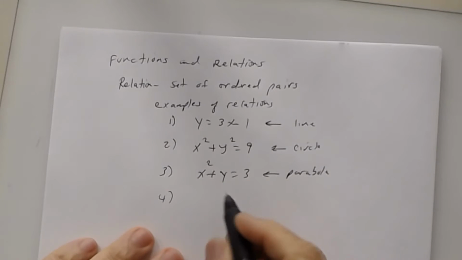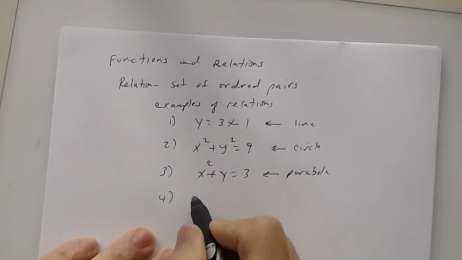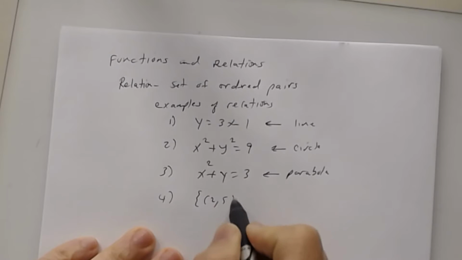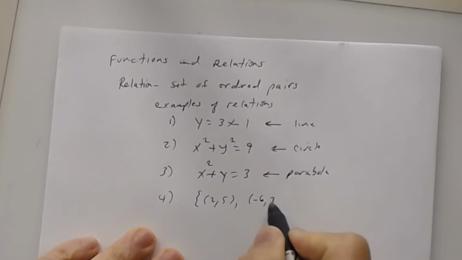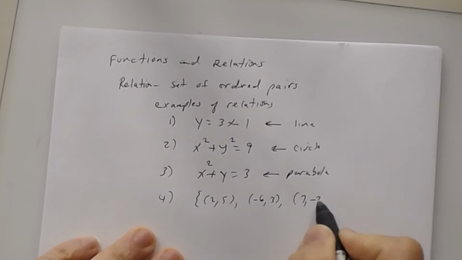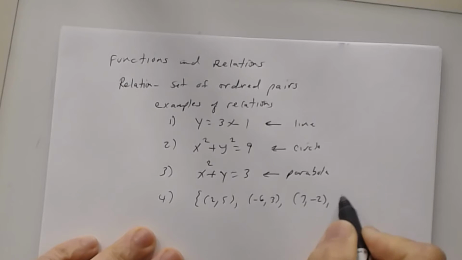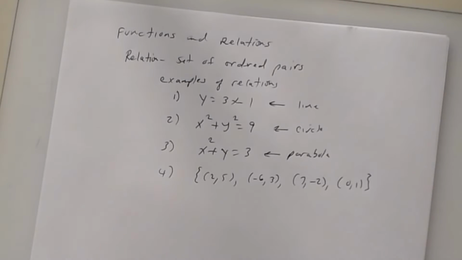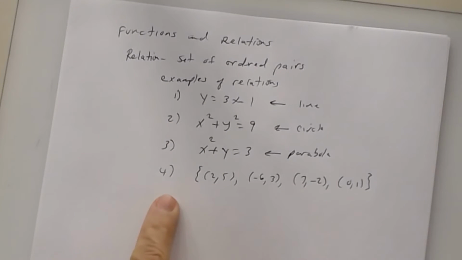So then you have things like this: (2, 5), (negative 6, 3), (7, negative 2), (0, 1). So this is also a set of ordered pairs. In fact, it looks like a set of ordered pairs, right? This set, number 4, has how many ordered pairs? 4.